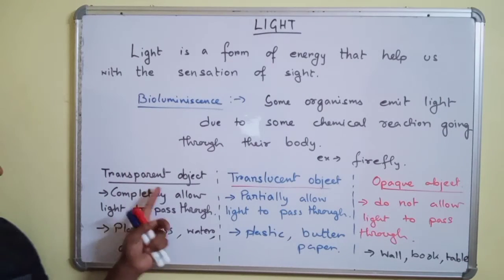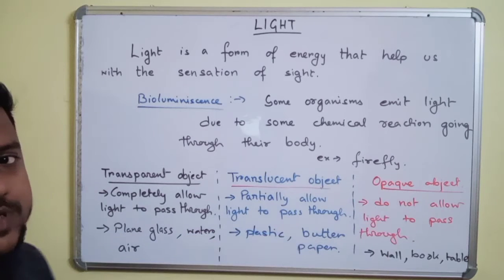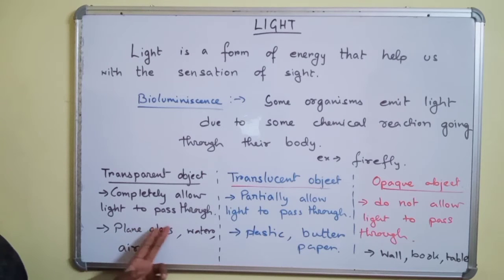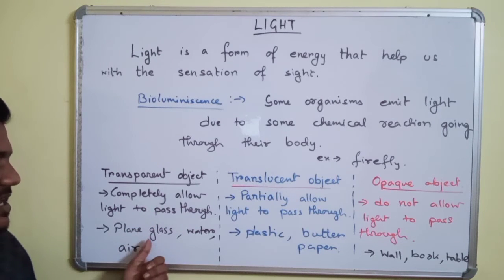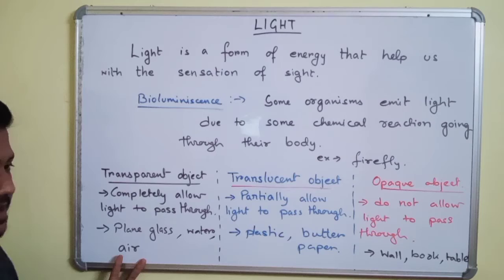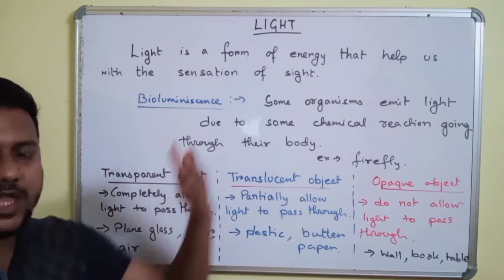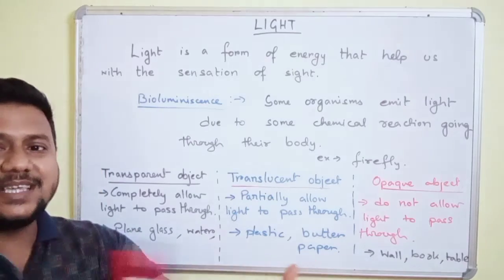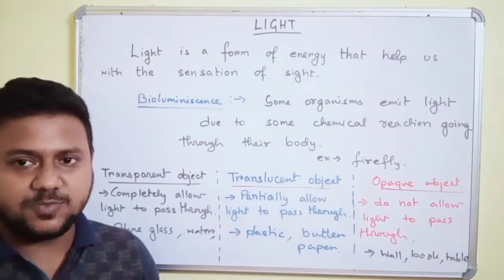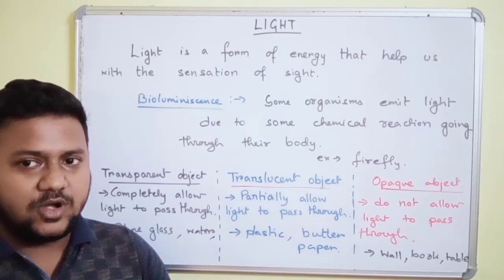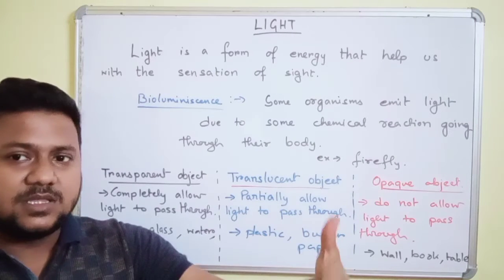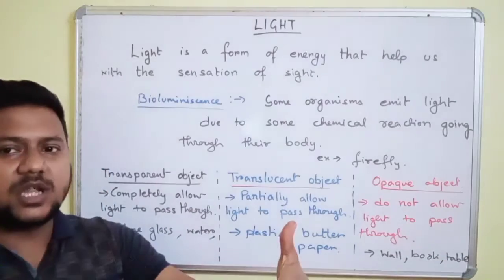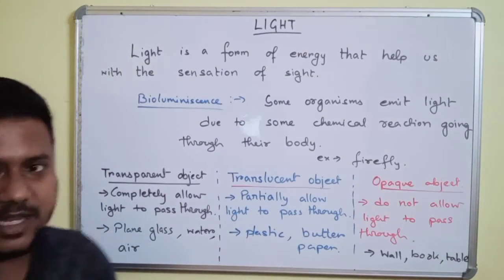Now what are transparent, translucent and opaque objects? Transparent objects are the objects that completely allow light to pass through them, like plain glass, water and air. If a transparent object is kept between you and a particular object, you can see the object behind it very clearly, because the light coming from the object passes totally through the transparent object, and hence you can see it clearly.